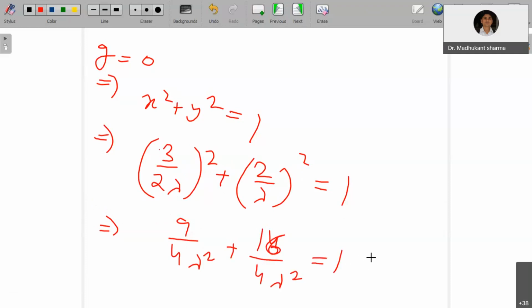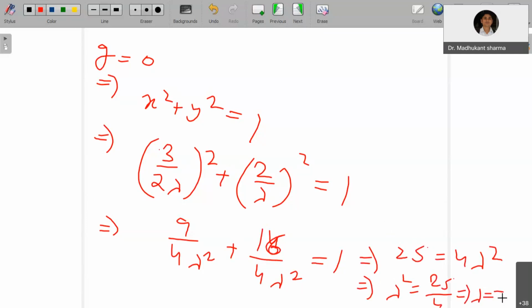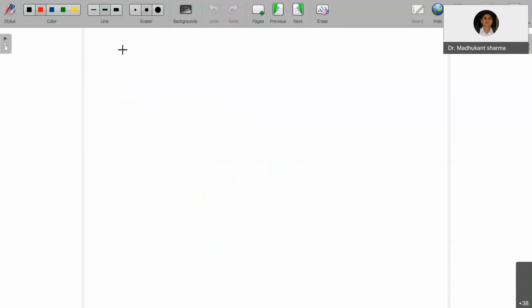I'm just simplifying it. So it's going to be 25 equals 4 lambda square. This implies lambda square equals 25 by 4, so lambda equals plus minus 5 by 2.